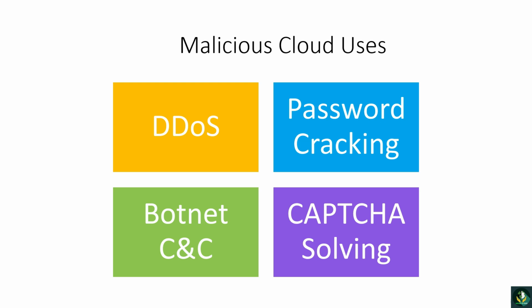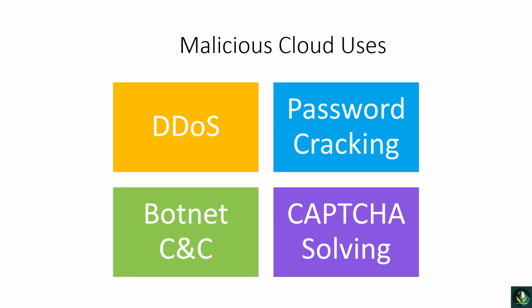Now in a CNC environment, of course, you have to make sure that those infected clients know which CNC server to talk to. But the very fact that they can spin up machines so quickly and then spin them up again in different parts of the world with different configurations gives them a whole bunch of different options which they never had before.